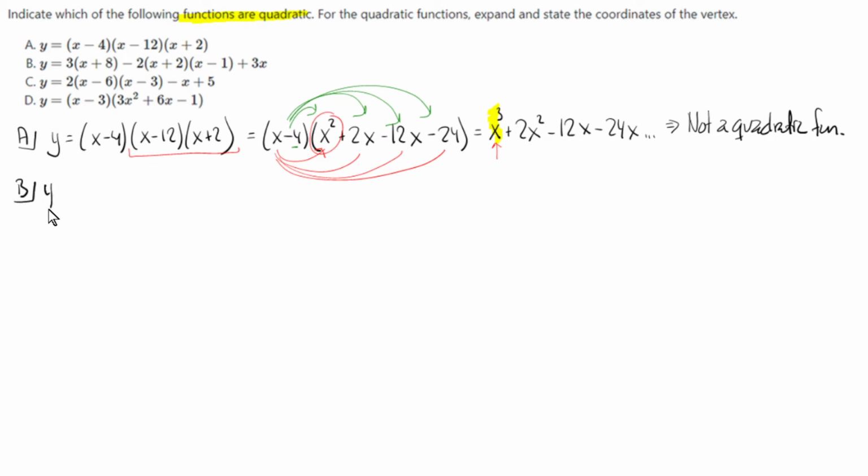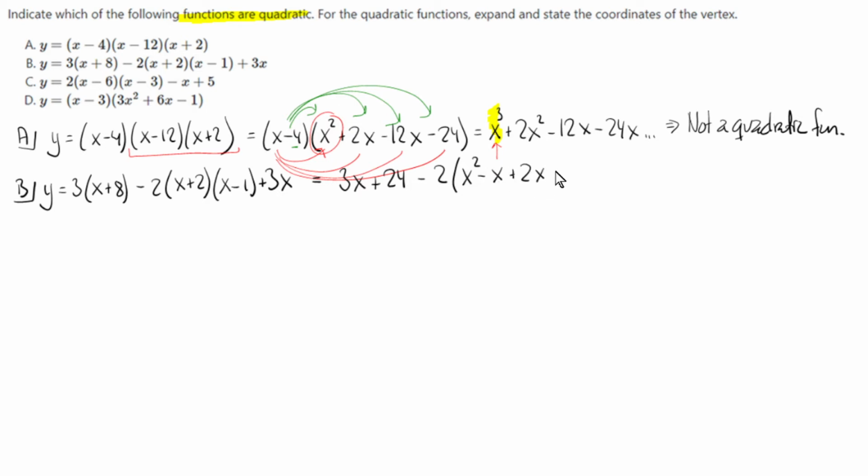In B, y equals 3 times (x plus 8) minus 2 times (x plus 2) times (x minus 1) plus 3x. So if we expand this, we're going to get 3x plus 24 minus, I'm going to expand the multiplication of the binomials first, (x squared minus x plus 2x minus 2) plus 3x.